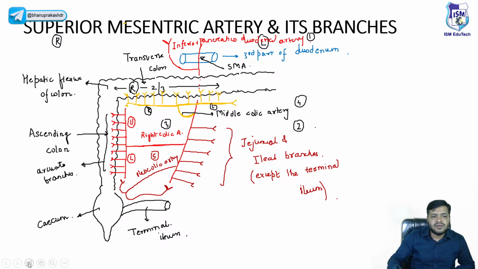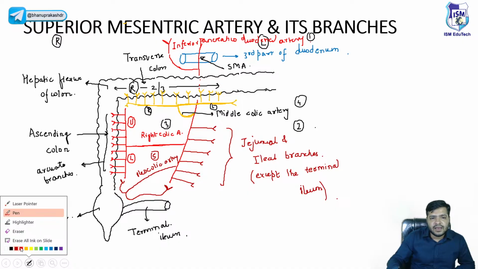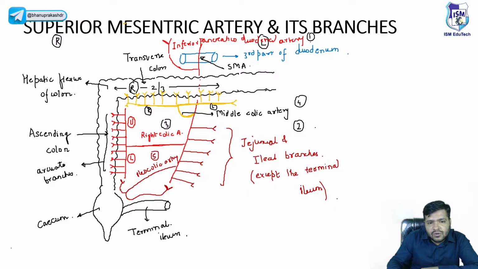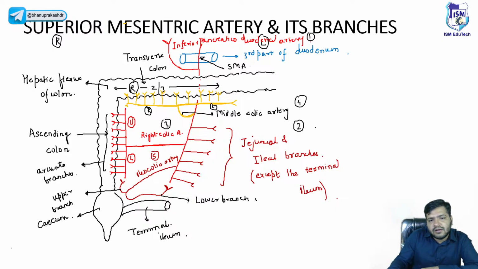So remember over here that this ileocolic artery will divide into the upper branch of the ileocolic artery and the lower branch of the ileocolic artery.